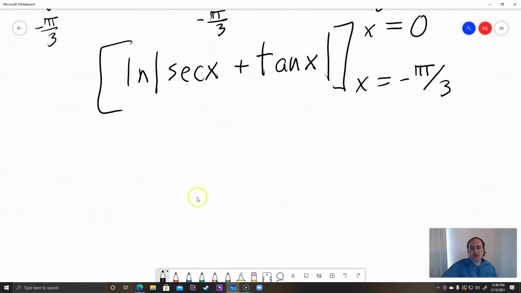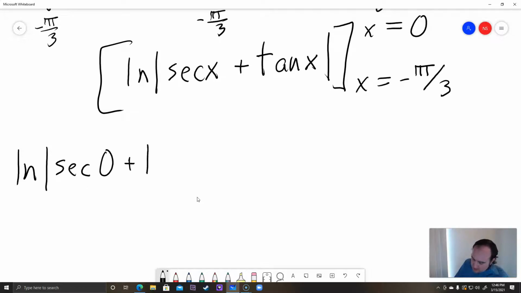So plugging in 0 into the entire function, we have natural log of absolute value of secant of 0 plus tangent of 0. Okay, and then we subtract the function evaluated at the bottom number.